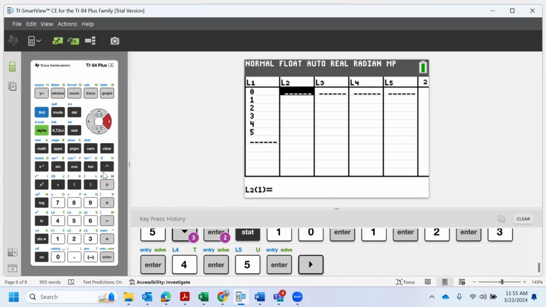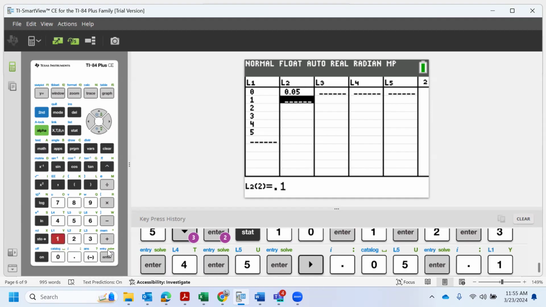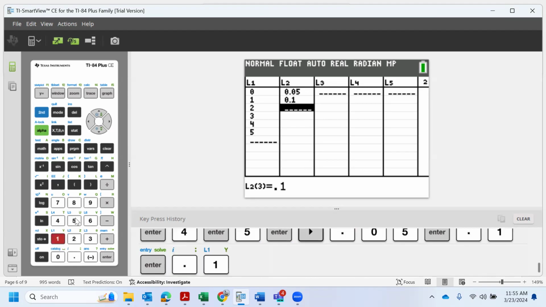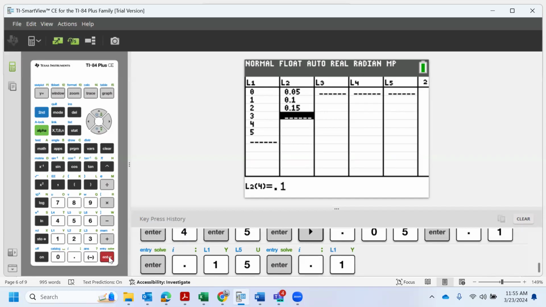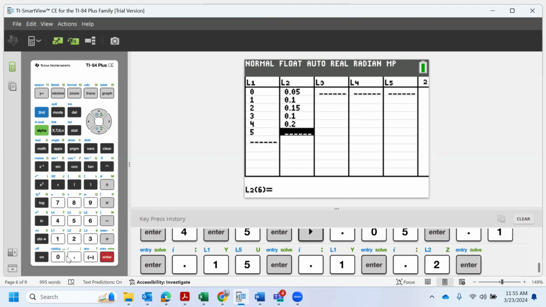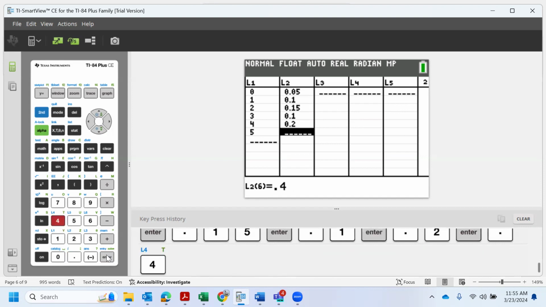And the probabilities are 0.05, 0.1, 0.15, 0.1, 0.2, 0.4. Always double check your entry is all correct.